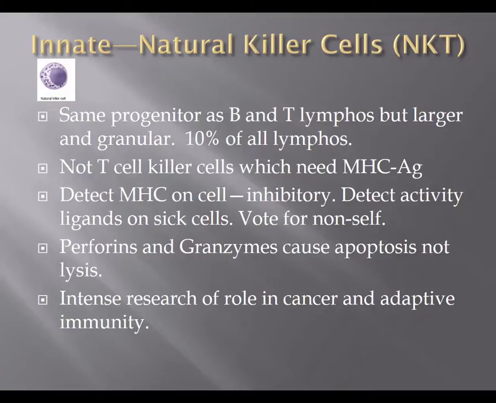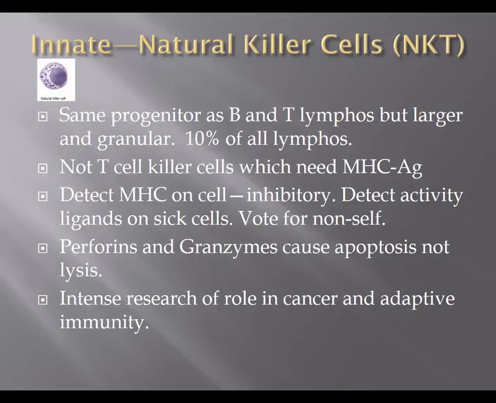They are completely separate from the cytotoxic T lymphocytes, which kill by recognizing a specific antigen. Recently it's been shown that they also have a role in specific immunity and in preventing cancer, and they are the subject of intense research, these interesting little cells.